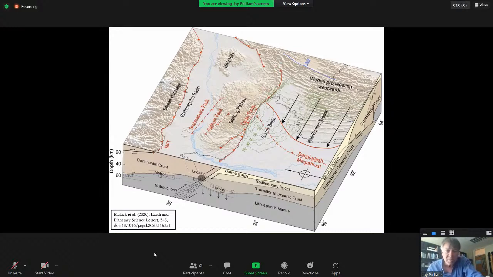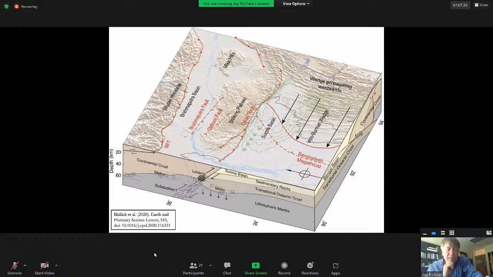Again, it's surface waves, so you don't have great lateral resolution, but it shows what she was interpreting to be a root underneath the Shillong Plateau. But I think rather than a root, it's actually the leading edge of that oceanic plate subducted underneath the Shillong Plateau. So all that kind of makes sense.